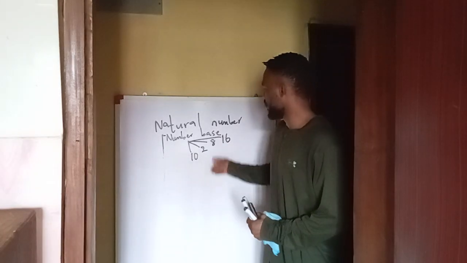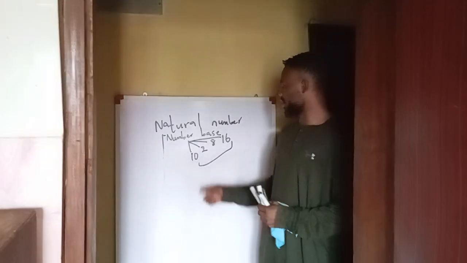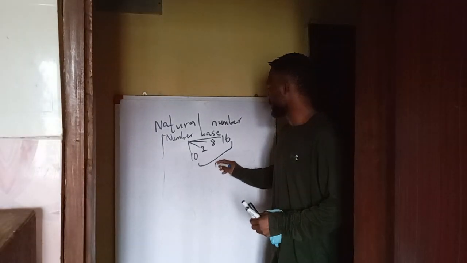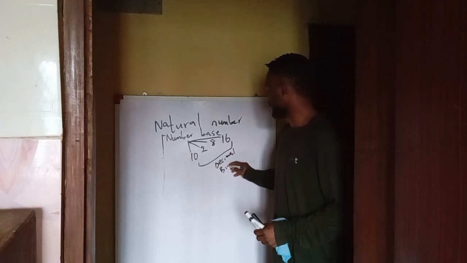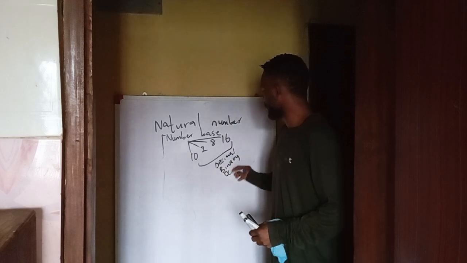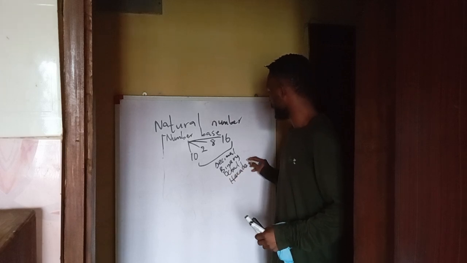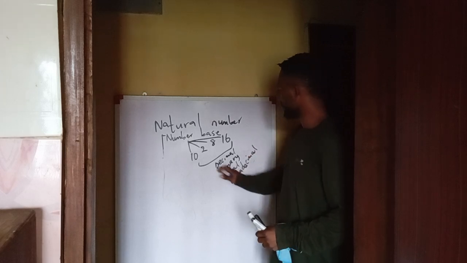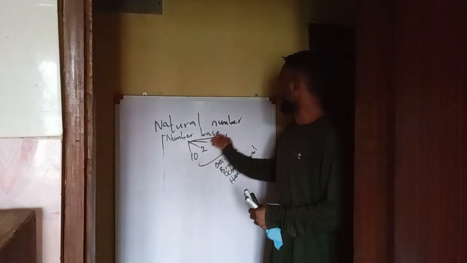All these things, you can go to my YouTube channel and check. I've treated number basis, the decimal, the binary, the octal, and hexadecimal, how to go about it, both the division and everything. I'll still make more videos on this to illustrate the past questions.